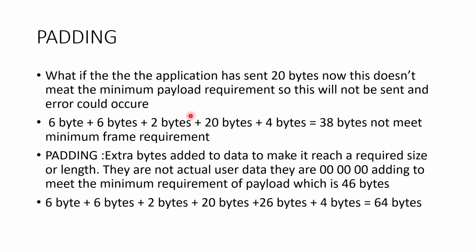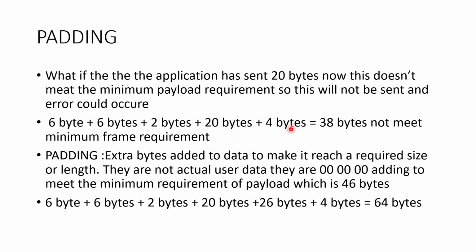The padding is going to be generated automatically with the Ethernet header to fill in here so that it can reach the minimum payload size. So now, what is going to be added here to the payload so as to meet the minimum payload size?